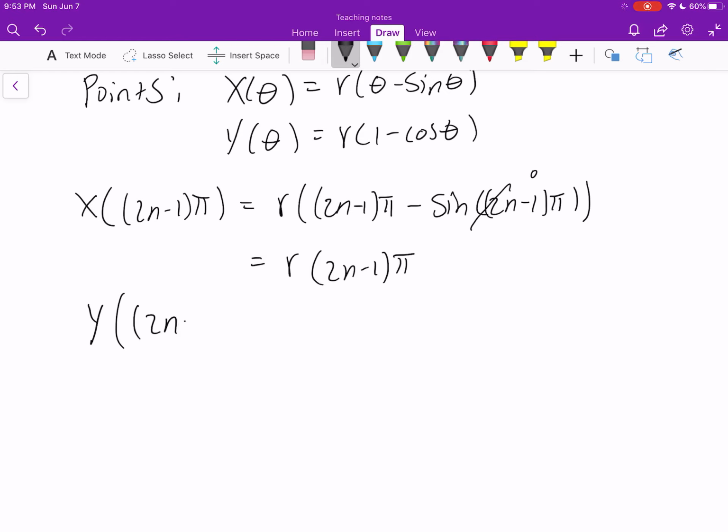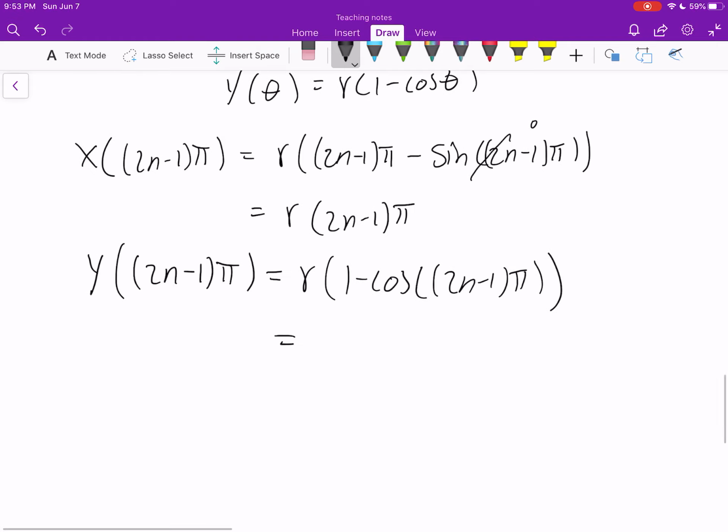I can do the same thing for the y coordinate, y of 2n minus 1 pi. This is going to be r times 1 minus cosine of 2n minus 1 pi. And now this cosine of 2n minus 1 pi, these are numbers like cosine of pi, 3 pi, 5 pi.